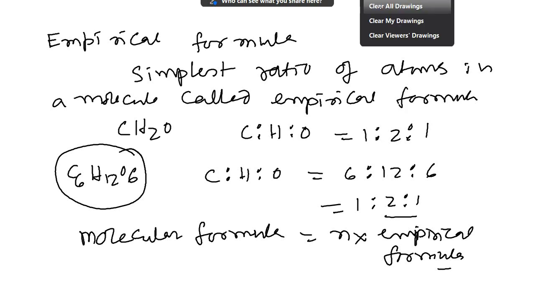Suppose a compound is given which contains 30.43% nitrogen and 69.57% oxygen. So nitrogen is 30.43%.